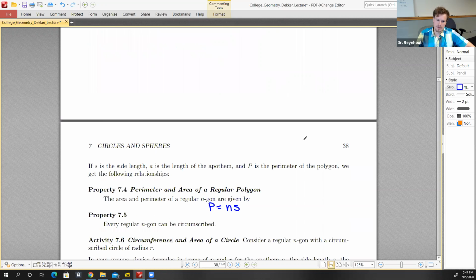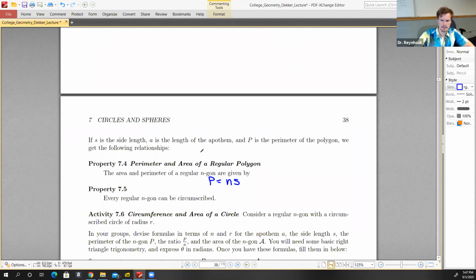So area is equal to 1/2 S times A, but there are n of these triangles, so 1/2 SAn.